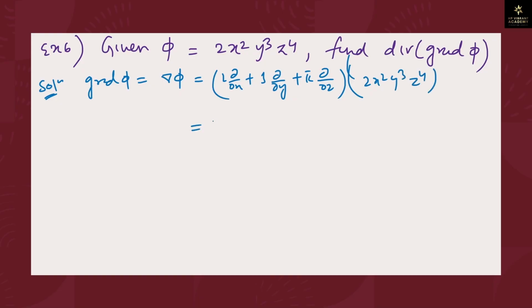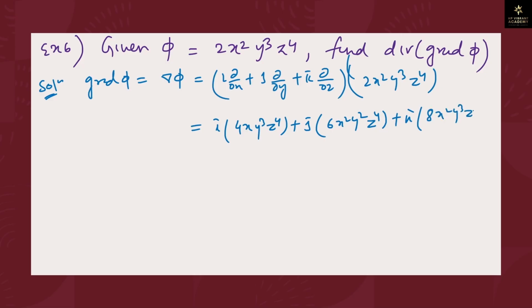So this is equal to i times of, this is 4x y cube z4, plus j cap, this is 6x square y square z4, plus k cap, this is 8x square y cube z cube. Okay, so this is the gradient of phi.